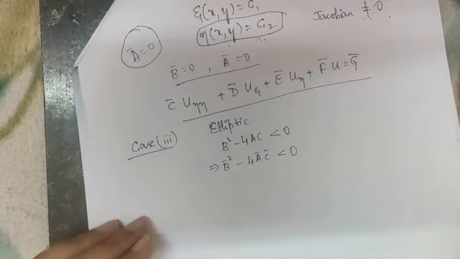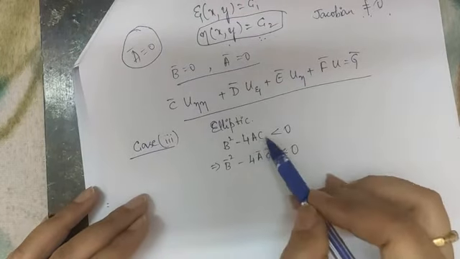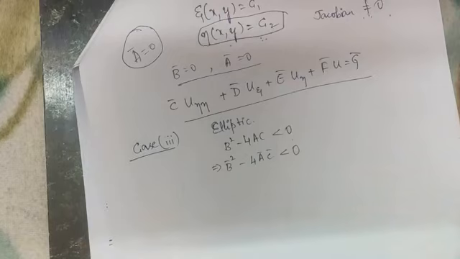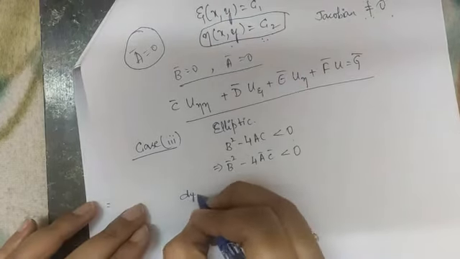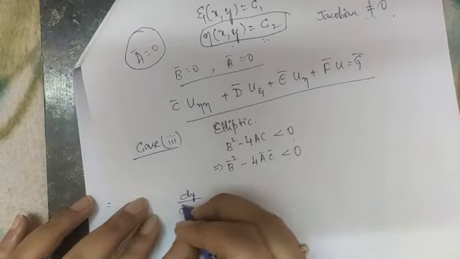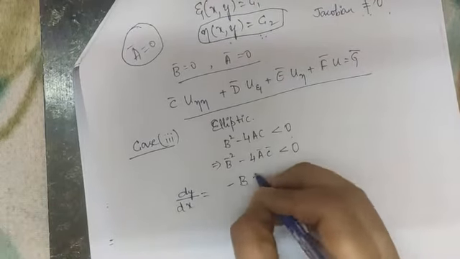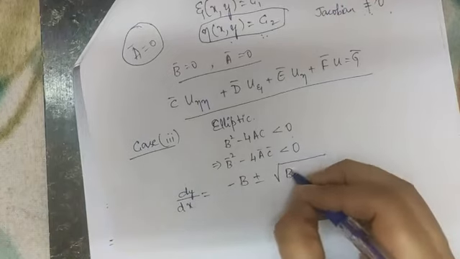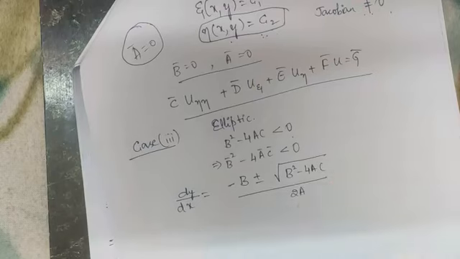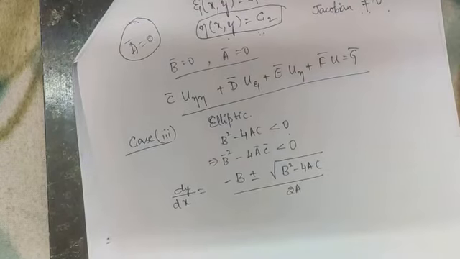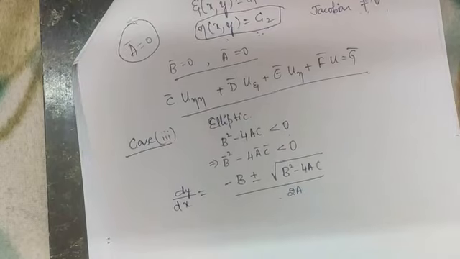So obviously if b square minus 4ac is negative, I will get imaginary roots, right? So for that purpose I will write directly that dy by dx will take two values, that is minus b plus or minus square root of b square minus 4ac by 2a. Right? You can split this and write it as two results also, no problem.